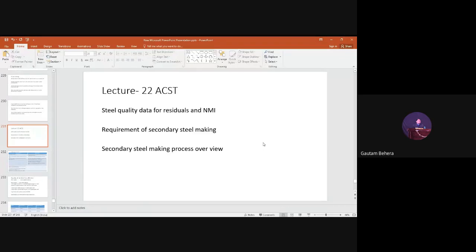The third point is the rate of production. The rate of production should also be very high, so that we can earn more profit. So economy, rate of production, and quality are the three important pillars for an industry.